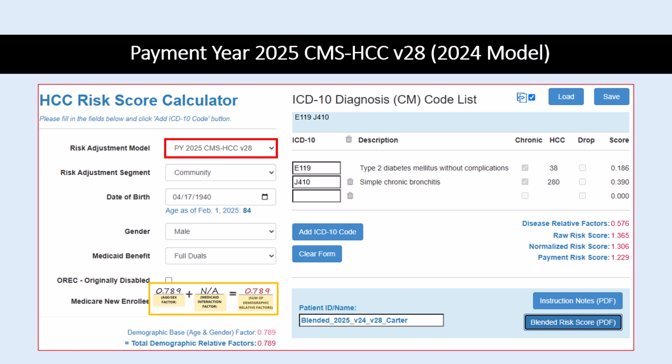Mr. Carter's information. Notice that the HCCs identified for payment year 2025 and for use with the 2024 CMS-HCC model, version 28, for this beneficiary are HCC 38, diabetes with glycemic, unspecified, or no complications, and HCC 280, chronic obstructive pulmonary disease, interstitial lung disorders, and other chronic lung disorders.